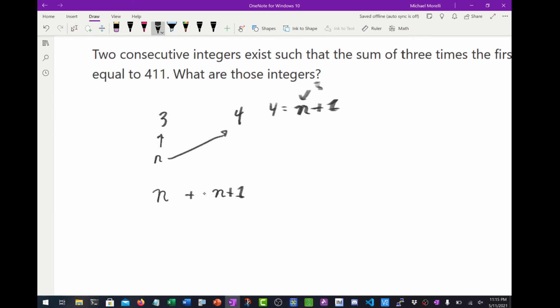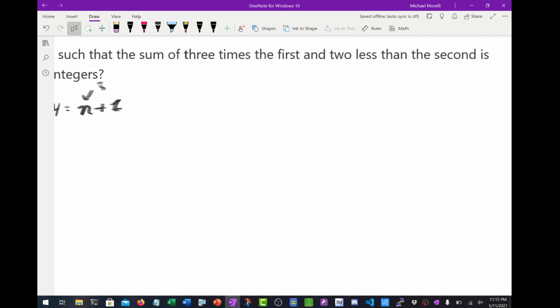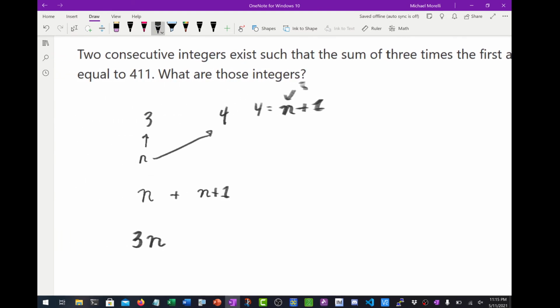So this is going to be 3 times n plus 2 less than the second. So it's going to be 3n plus, open parentheses, n plus 1 minus 2. Remember that second integer is n plus 1. And that's going to equal 411.